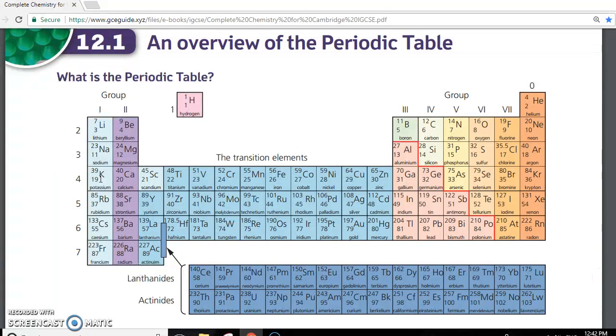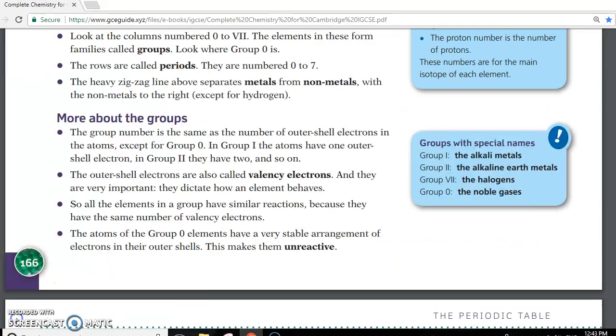We can also mark this zigzag line, which separates the metals from the nonmetals. An element being a metal or a nonmetal also has to do with how it reacts or behaves.